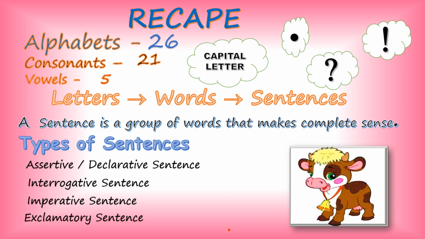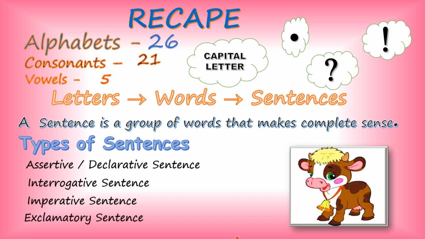Now, can you find one example of a sentence on your screen? Yes, here it is. A sentence is a group of words that makes complete sense. What kind of sentence is this? Assertive sentence. Yes. Why is it an assertive sentence?